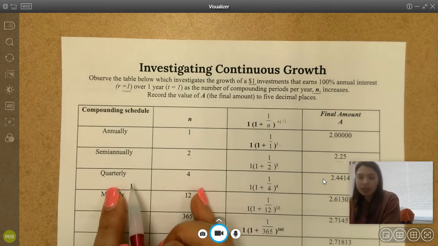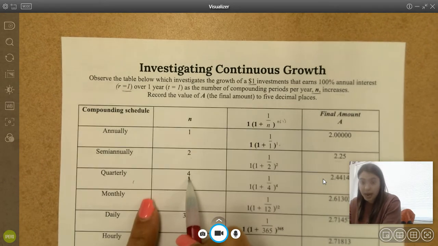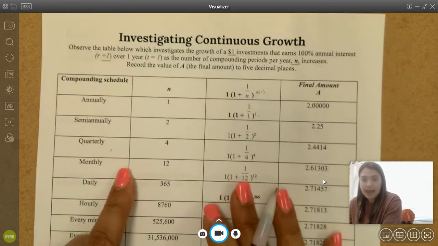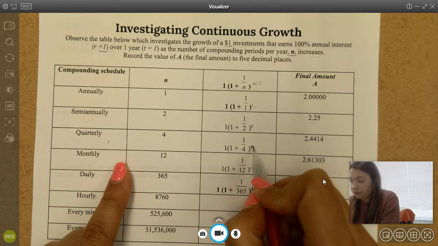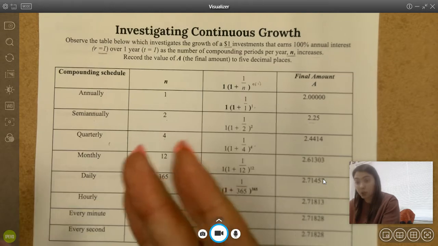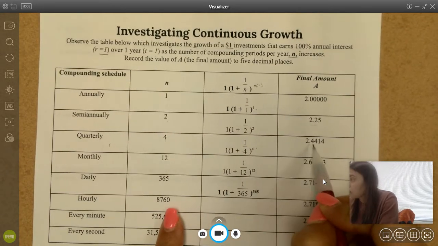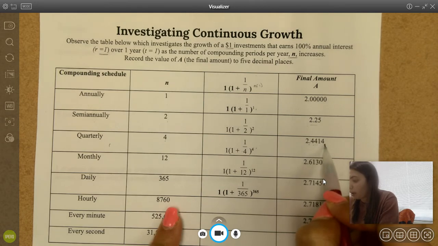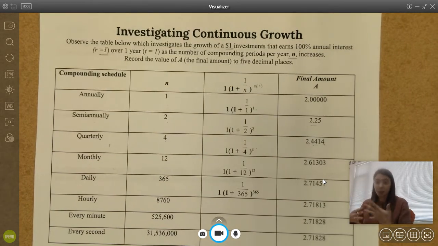If something grows quarterly, that's happening 4 times per year, so our n value is going to be 4. We would raise that to the 4 times 1, because our t value is always going to be 1 since we're looking at 1 year. And that becomes 2.4414.